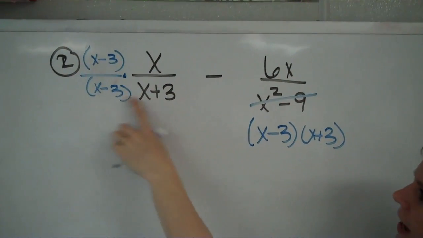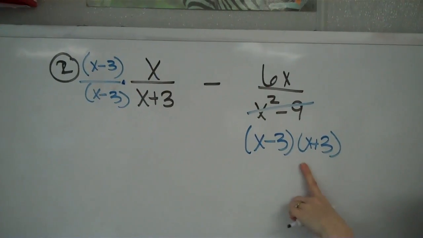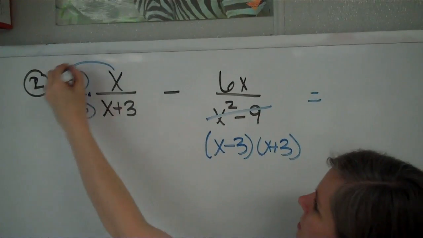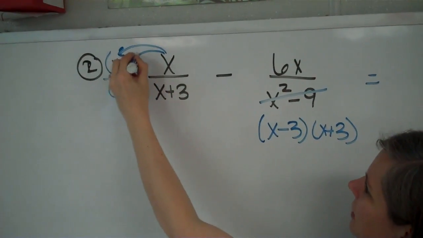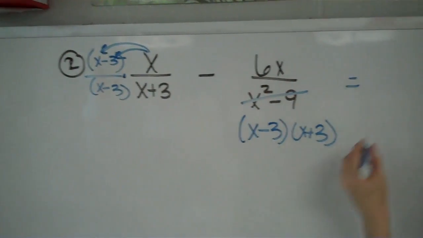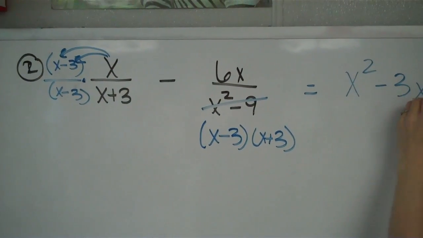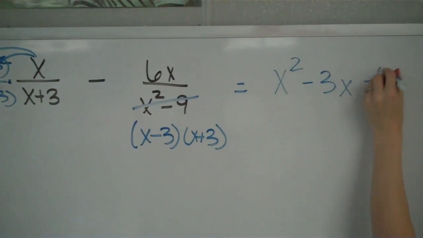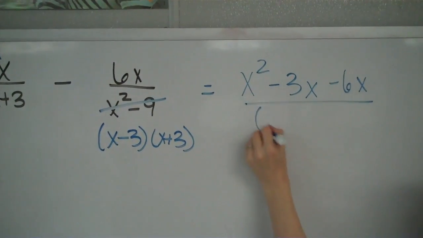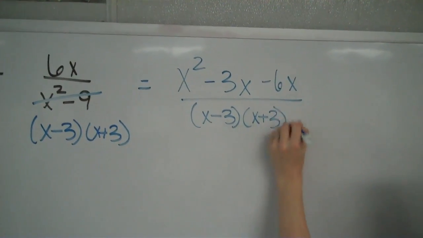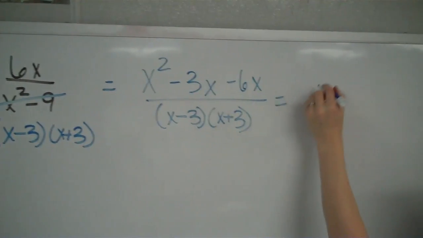If you look, now I've got a common denominator, and I can finish off my work on the top. I have to distribute, even though it's backwards, that x gets distributed to that binomial. So that one is x squared minus 3x, and then I've got minus 6x over x minus 3, x plus 3. So now I'm going to combine terms.